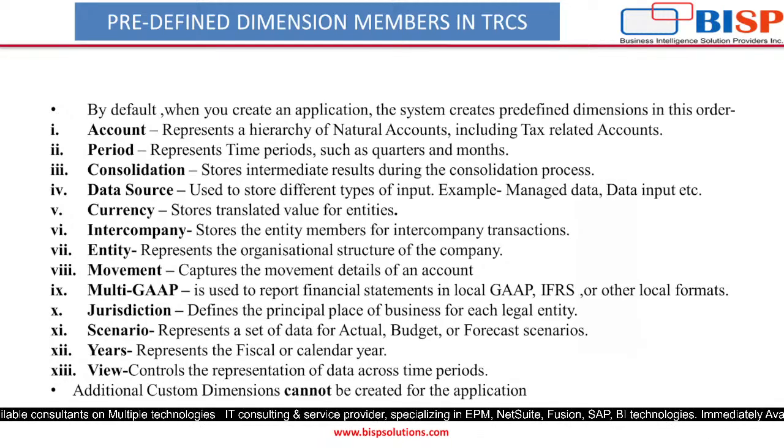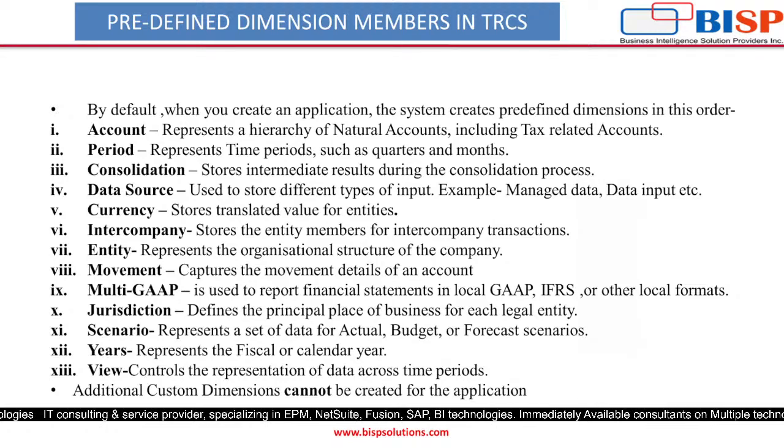Now we'll see some of the predefined dimension members which are there in TRCS. Basically in this TRCS application, there are 13 predefined dimension members which are pre-built, and no additional custom dimensions can be added in this particular application.